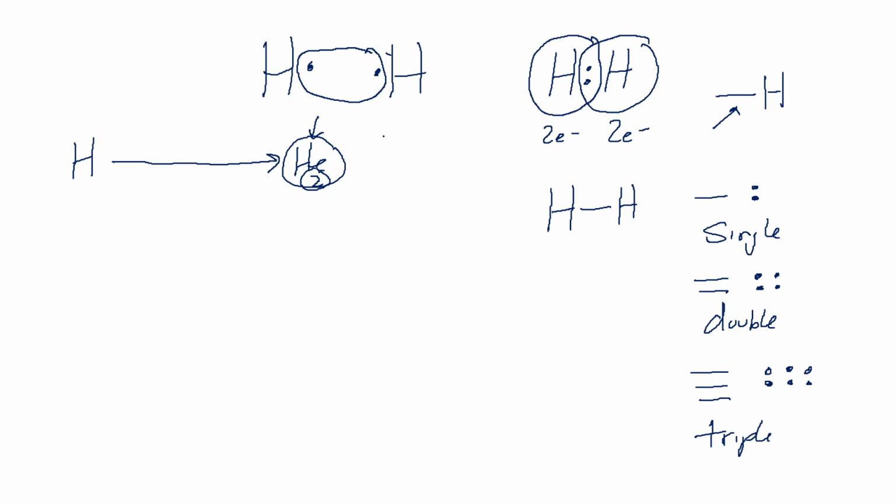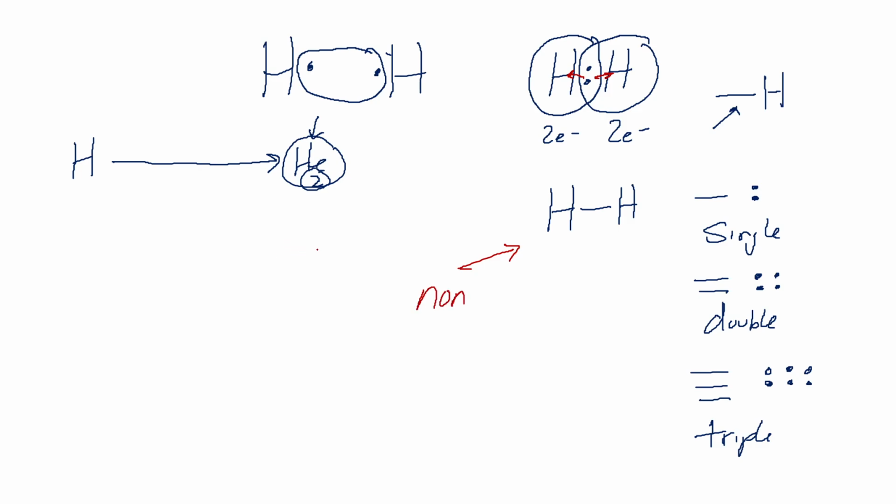This bond is held together because, frankly, those electrons between them, there's some attraction to this nucleus, there's some attraction to this nucleus that essentially locks them into place and makes that bond in this case. This right here is what is known as a covalent bond.